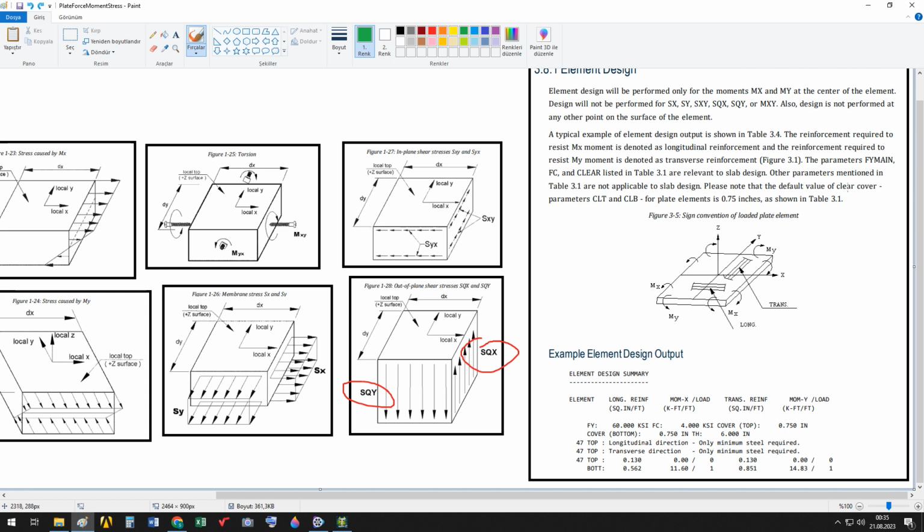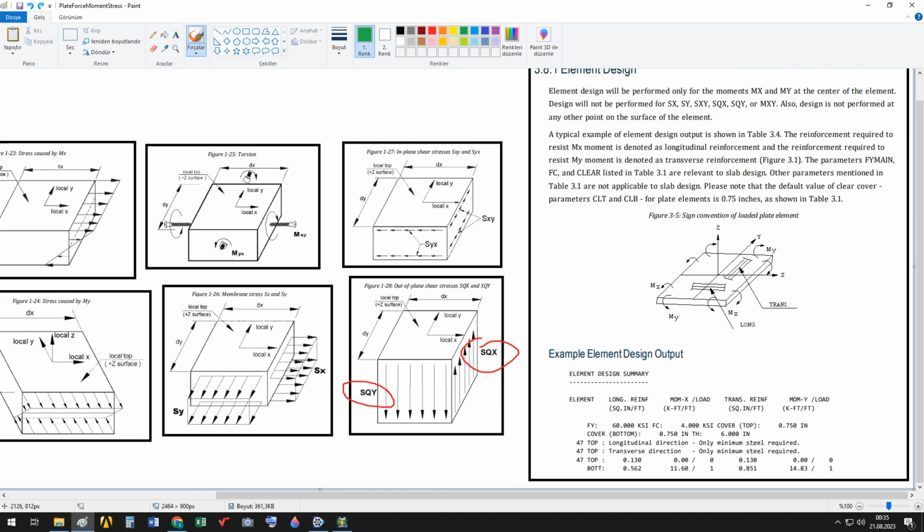Please note that the default value of clear cover parameters for plate elements is so much. Okay, default. If we do not define anything for clear cover, the program uses the value according to the selected concrete standard. We have selected ACI. The result is similar here.